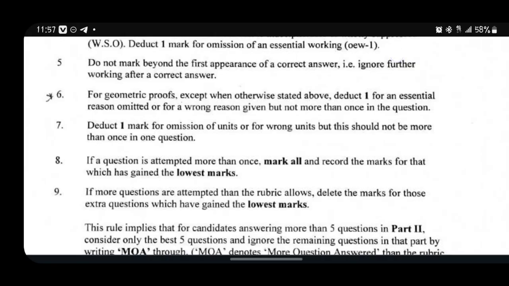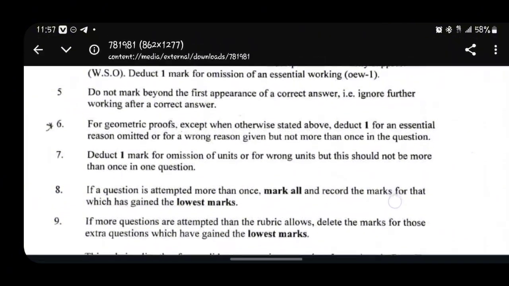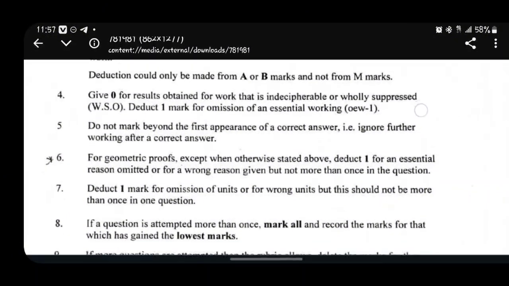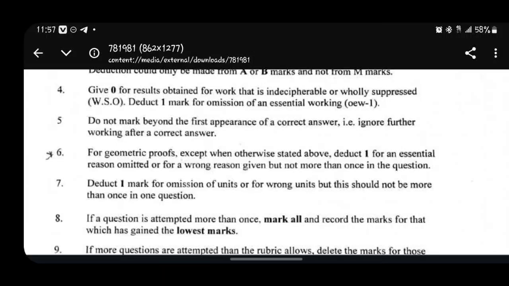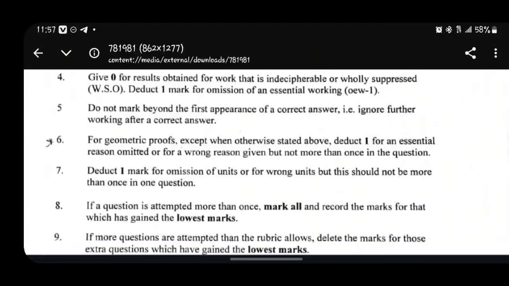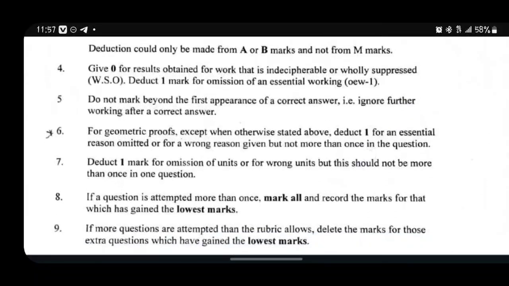Okay, now another thing is we deduct 1 mark for essential working that is omitted. If an essential working is omitted, the candidate will lose 1 mark for an essential working omitted. That's OEW -1.